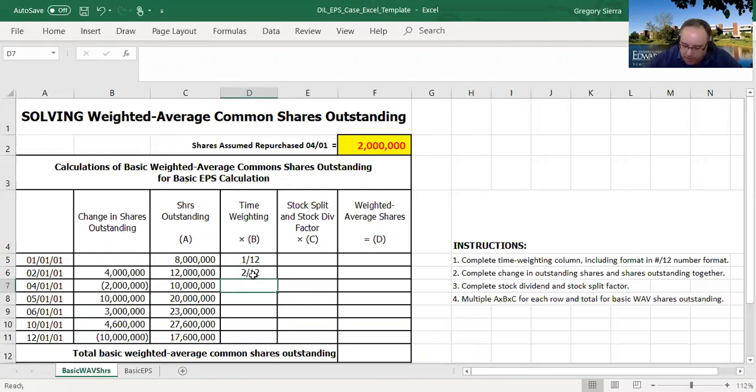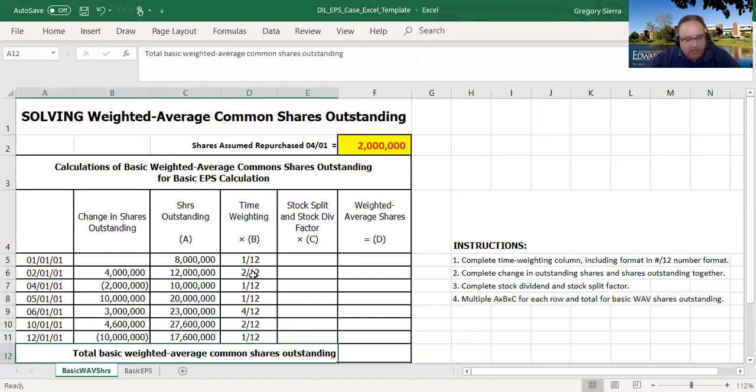The third row is just April, that's 1 month. The next one is just May, that's 1 month. And then you have June, July, August, September, that's 4 out of 12 months. Then you have October and November, that's 2 out of 12 months. And then December is just 1 month.